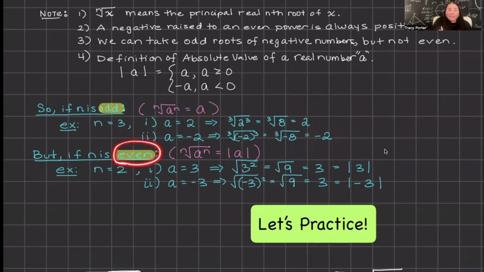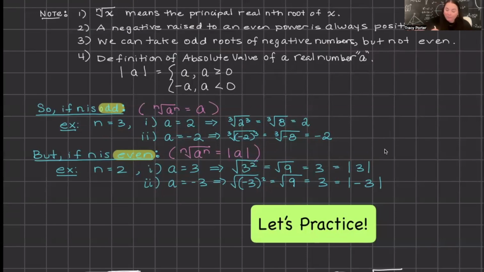However, if n is even, for example, here we're going to let n be 2, and let's just choose any value a, let a be 3. Then for this example, you would have the square root of 3 squared. The square root is really an understood 2 here, so it's still fitting this nth root of a to the n concept. So that's going to be the square root of 9, which is 3. And 3 is the same thing as the absolute value of 3.